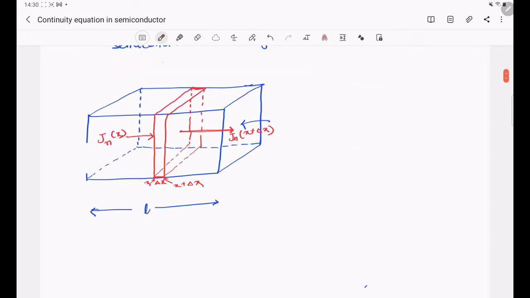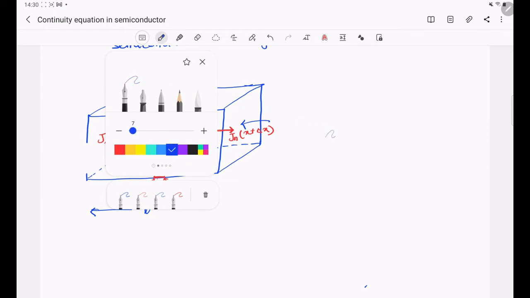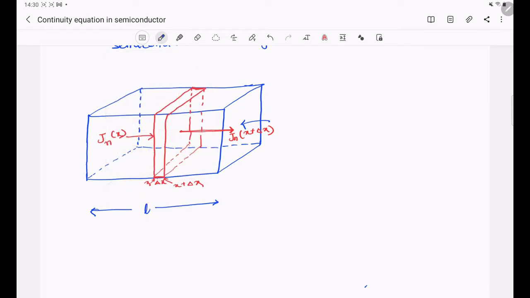Here the blue color box is the semiconductor material that is considered, and here the length is x and the cross sectional area is A. And in this semiconductor material we will take a very small box having thickness delta x that is represented here.